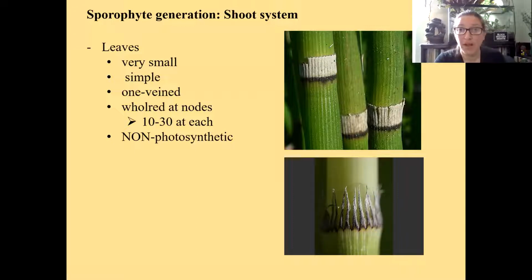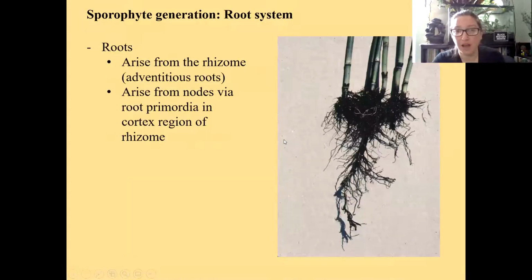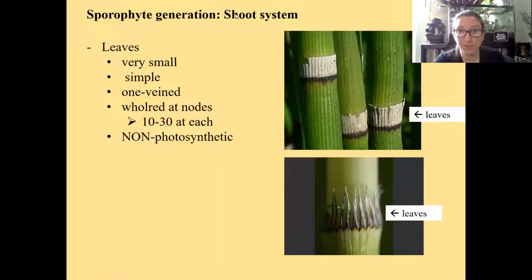However, we know now based on the fossil record that the leaves on horsetails that are still alive today are what's left over of megaphylls that the relatives of horsetails had millions and millions of years ago. So if I go back here, in evolutionary time, what happened was, I think yellow is probably good.